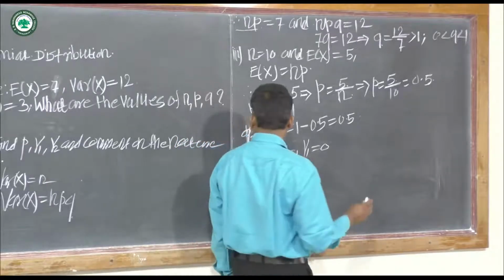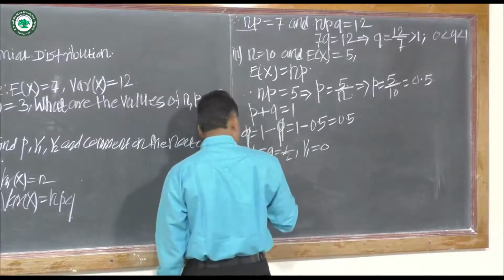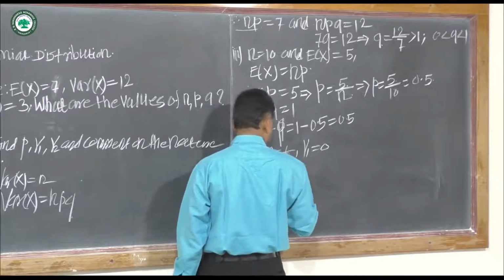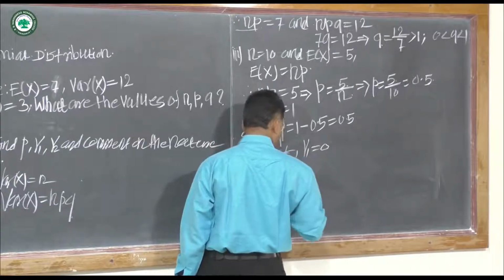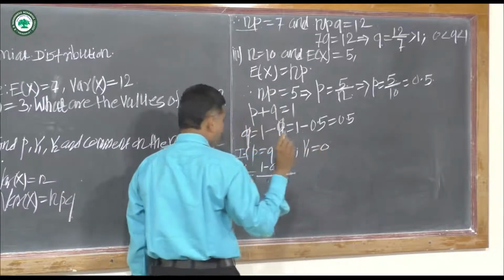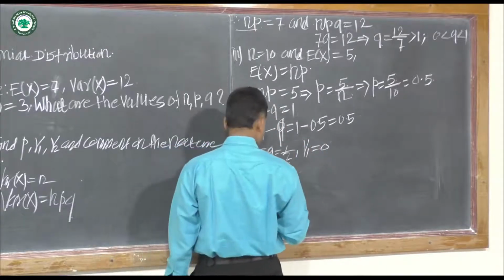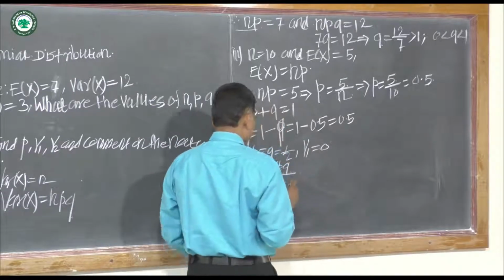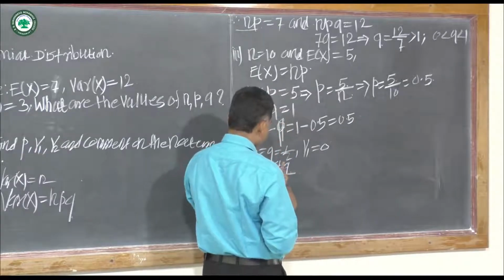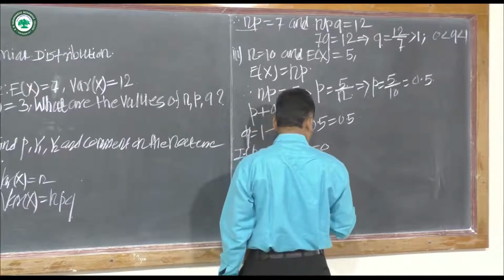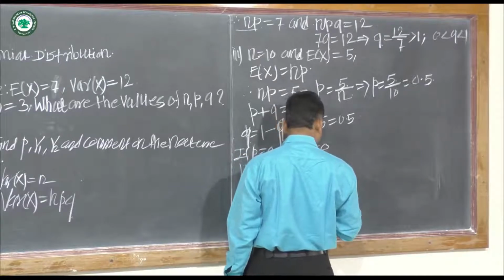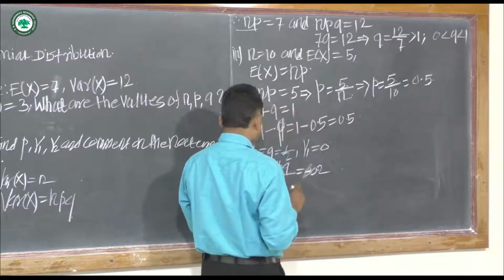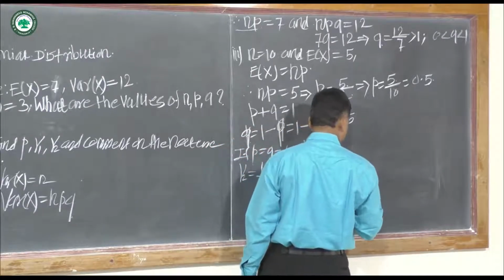Okay. Then gamma 2 is equal to (1 minus 6pq) upon npq. Here substitute the values of n, p, q, then we have the value of gamma 2 is equal to minus 0.2, which is less than 0.